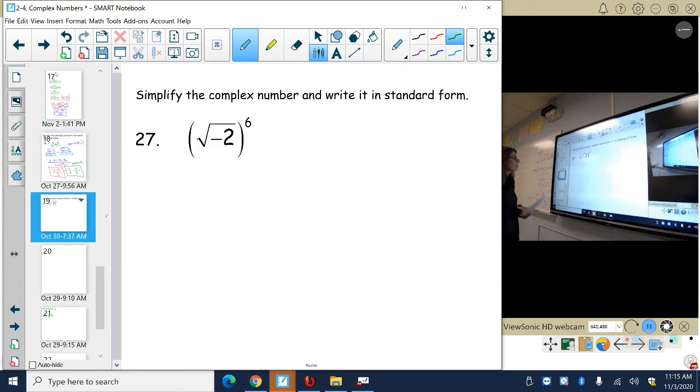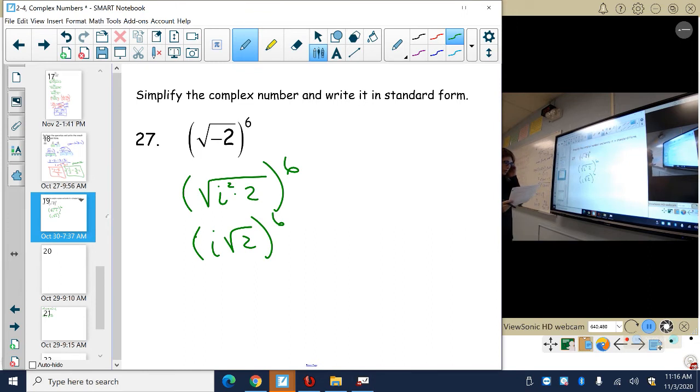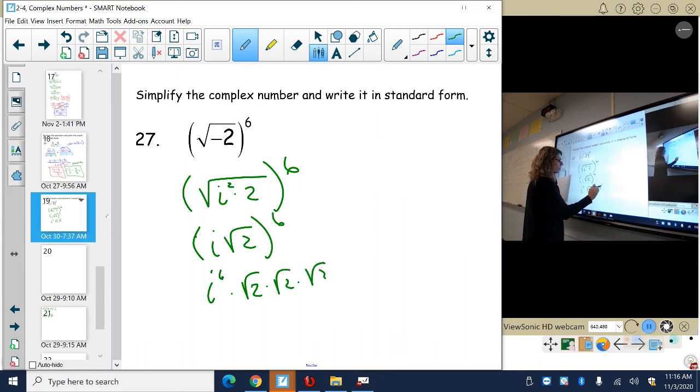Number 27 is the last one I'm going to do. This right here is going to be writing that down. I want you to simplify this. So this is going to come out as i times the square root of 2 to the 6th power. Yes? So that's going to be i to the 6th times the square root of 2 times the square root of 2 times the square root of 2 times the square root of 2 times the square root of 2.